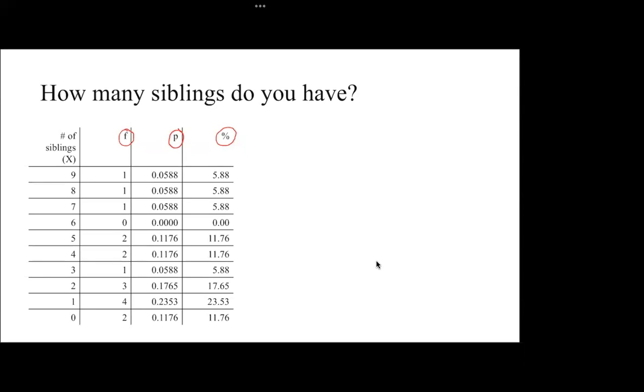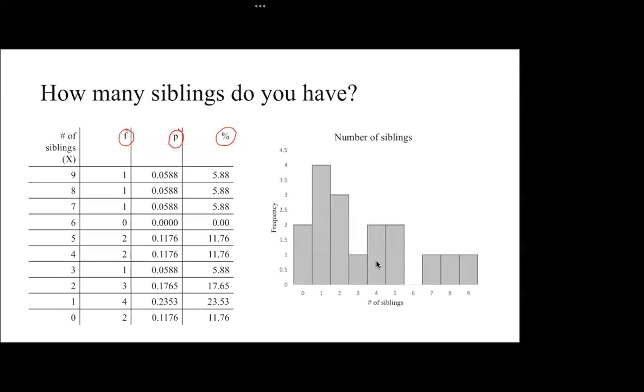The graph for this, in this case, would be what is called a histogram. And right, so that's the representation of the same data that you see in the table, but in a more, sometimes easier, more easily consumable way, sometimes not, again, depending on what kind of data we are looking at.